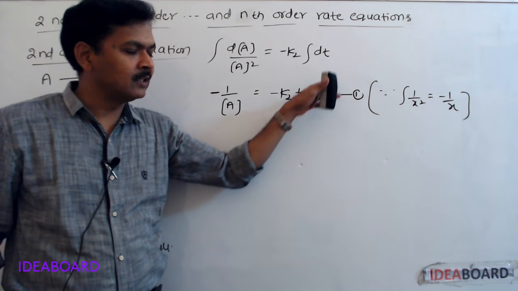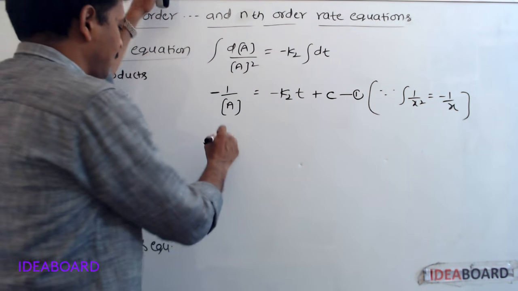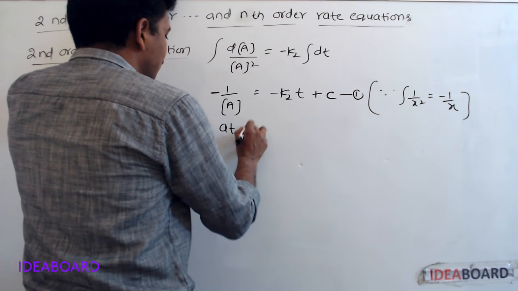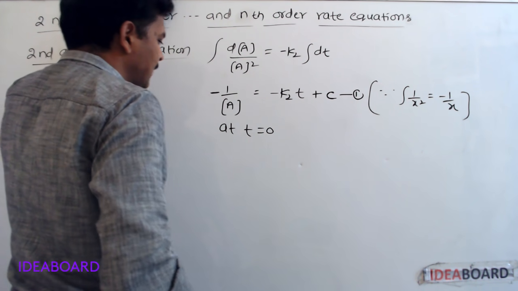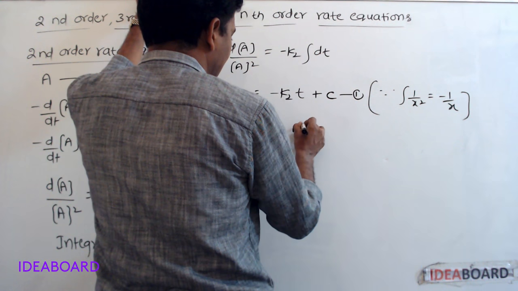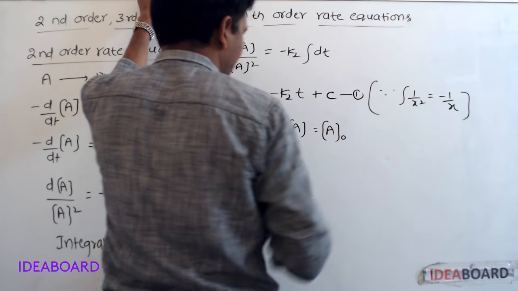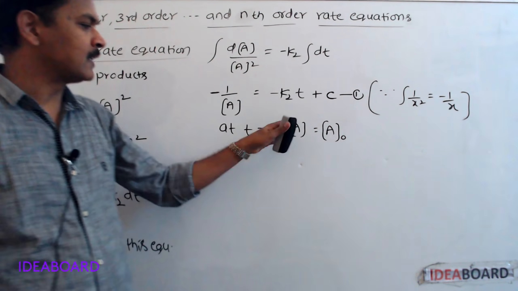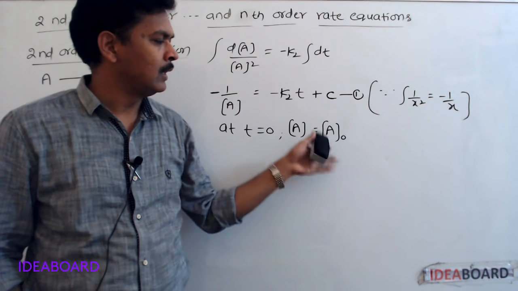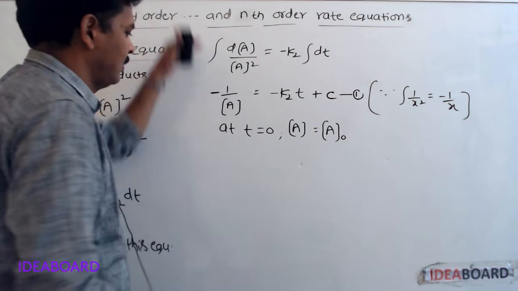Now let us calculate this c. At time t is equal to 0, [A] is equal to [A] naught. At time t is equal to 0, the concentration of reactant A is equal to its initial concentration only.